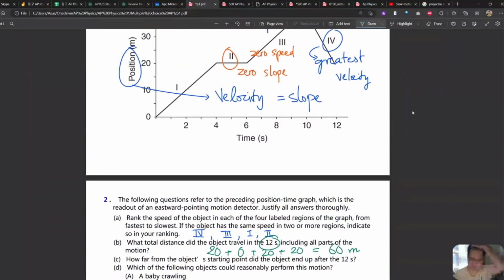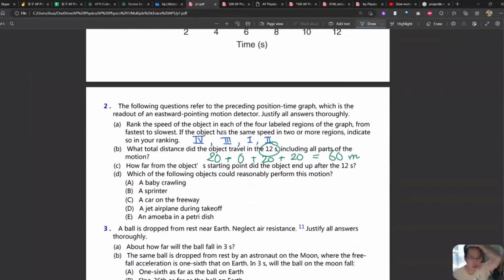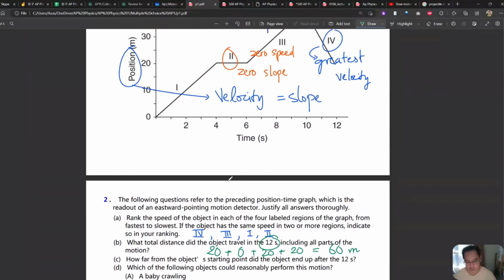Read the value on the graph. How far from the object's starting point did the object end up after 12 seconds? How far from the starting point?